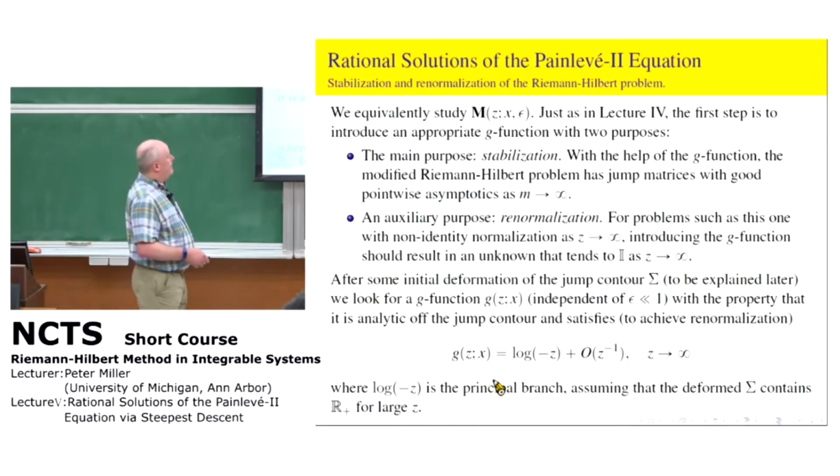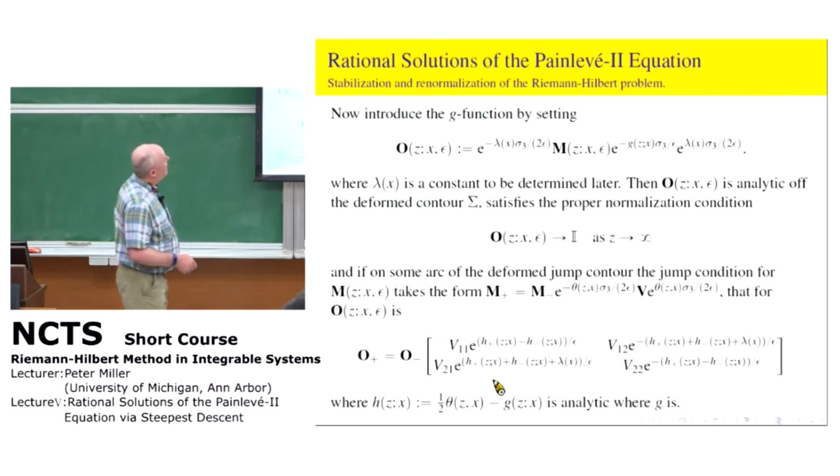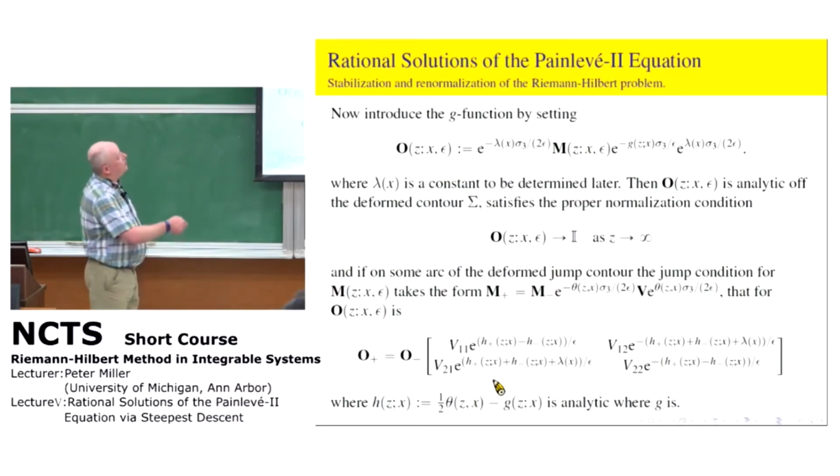Okay. All right. So now let's go ahead and do that. We'll assume that we have such a g function, and let's introduce it into the problem by conjugation in this way. So m will be multiplied on the right by the usual factor, e to the minus g sigma 3 divided by epsilon, which is our small parameter. And then it's useful to also put in some constant independent of z, but depending on this parameter x.